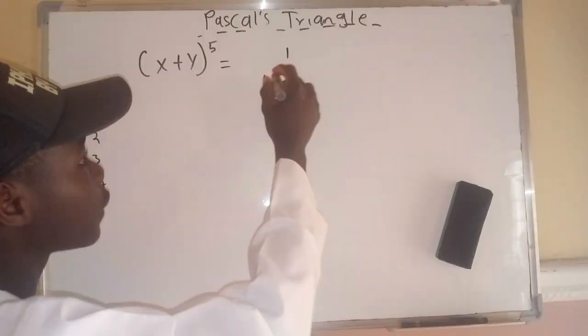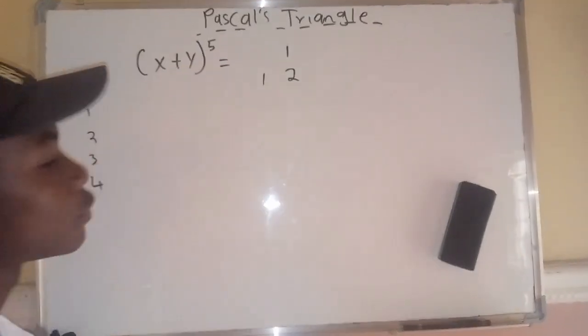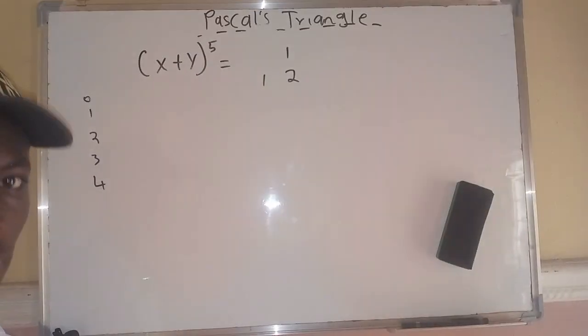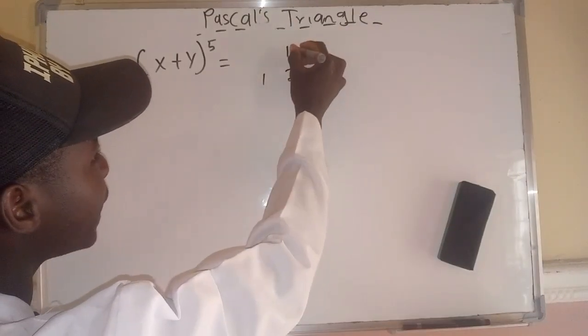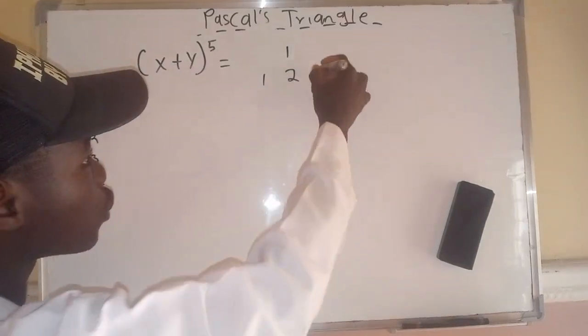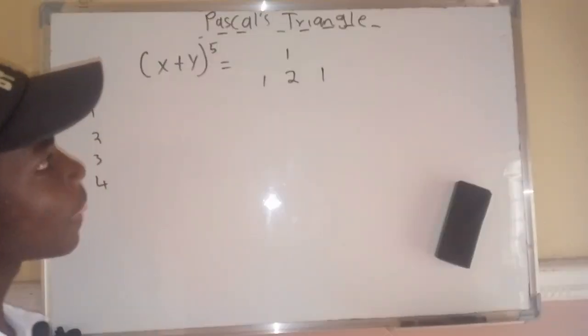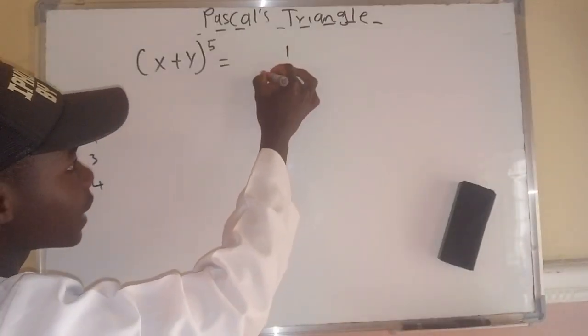So if I say 1 plus 1, I will have 2. And 1 plus 0 is 1. Before then, you have to know that our constant is 1.